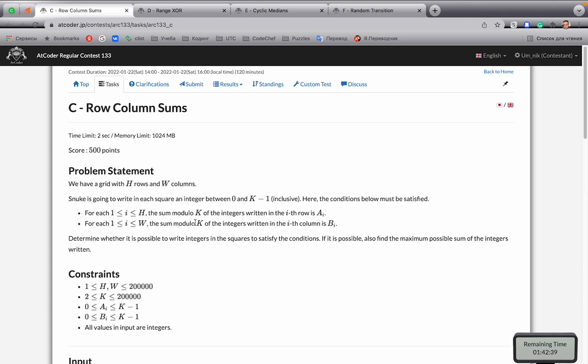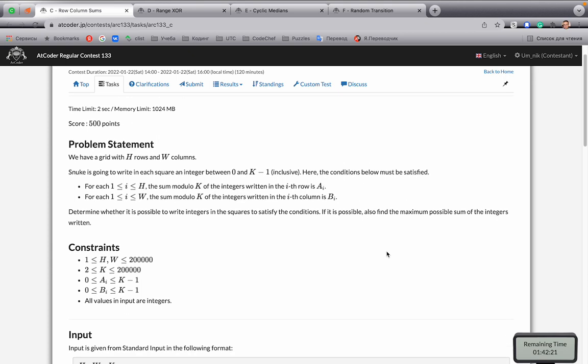We want to determine if it's possible to place the values, and if it's possible, find the maximum possible sum, not modulo k, just the sum of the elements, which should be from 0 to k minus 1.